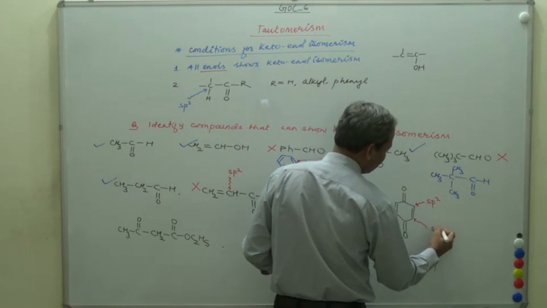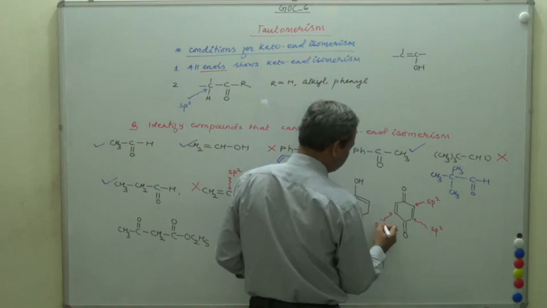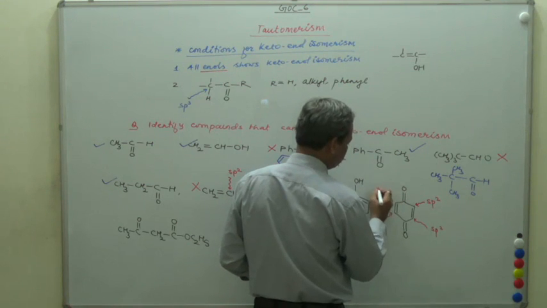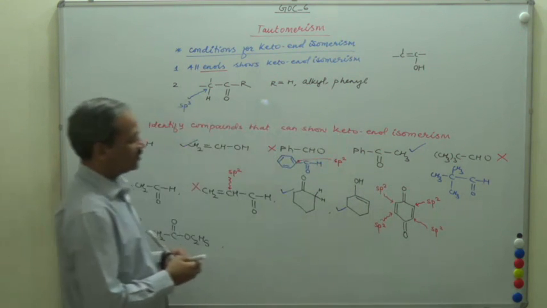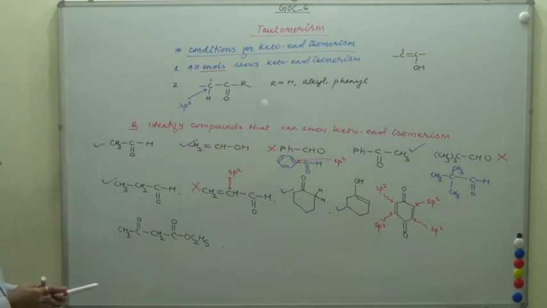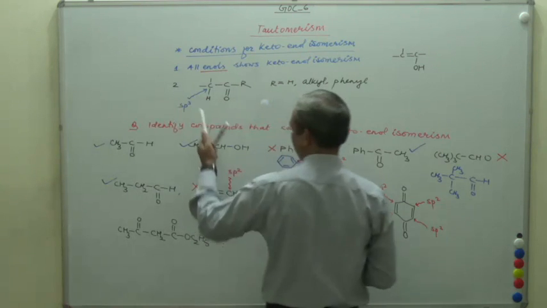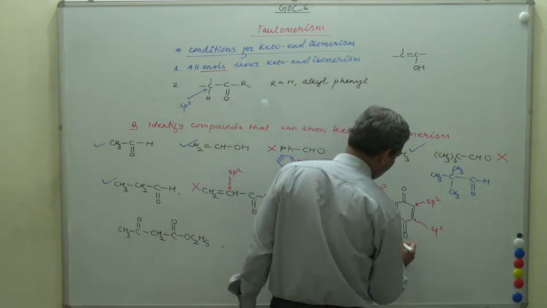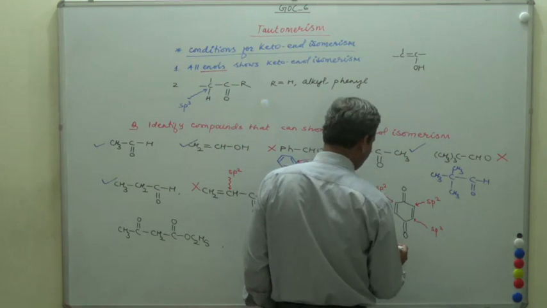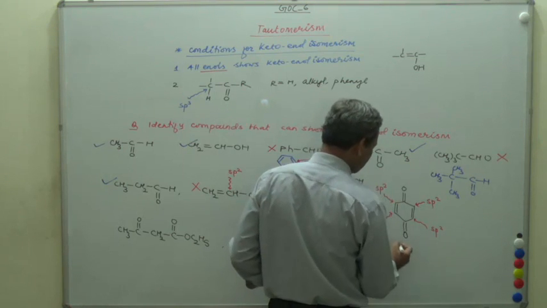All of them are sp2 hybridized. So again, the condition of sp3 hybridized alpha carbon atom is not satisfied, so it can't show tautomerism or keto-enol isomerism.